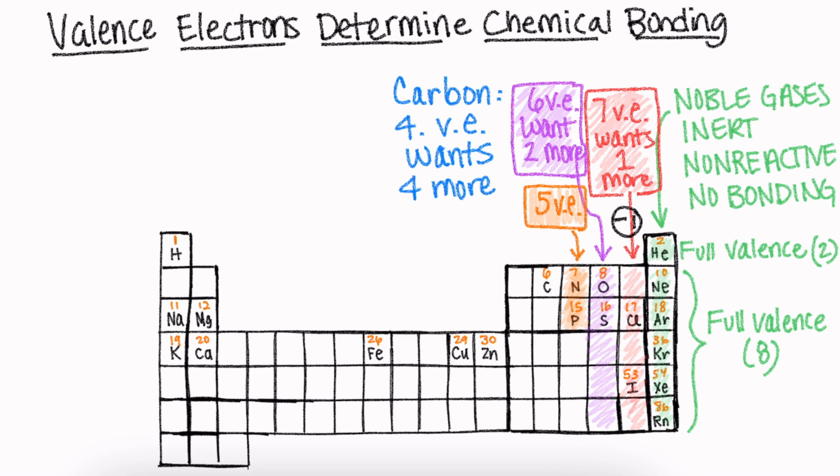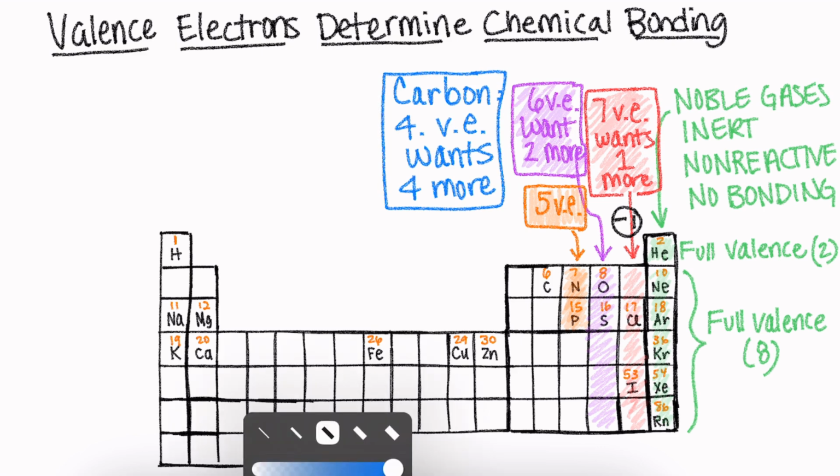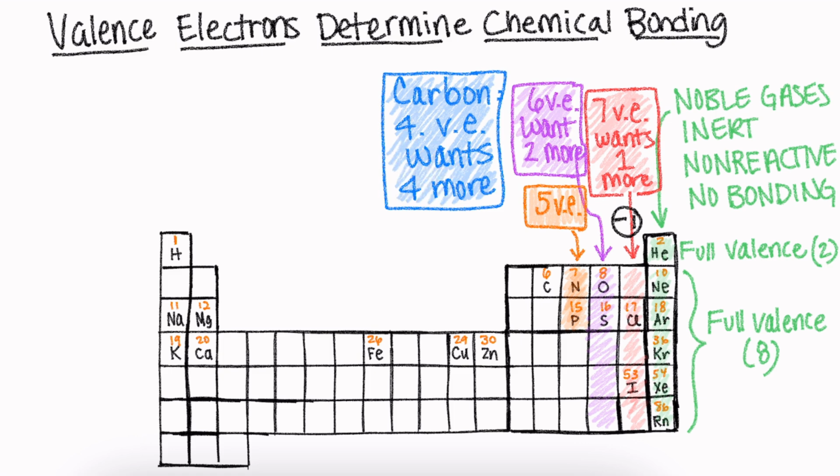And for that reason, carbon will typically try to form 4 bonds with other atoms, especially hydrogen, oxygen, and nitrogen. And that's why it is the star player when we talk about big molecules like carbohydrates, lipids, nucleic acids, and proteins.